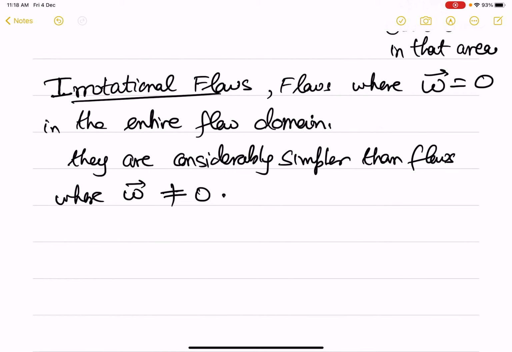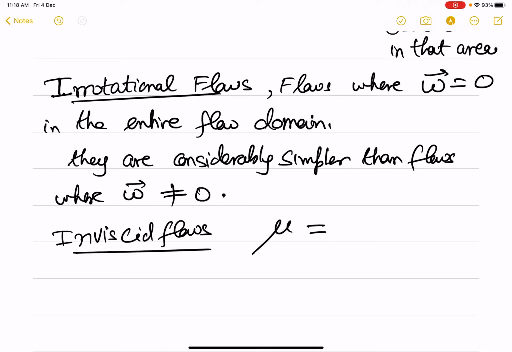As we have already seen, there is a relation between irrotational flows and inviscid flows. Inviscid flows are the ones where mu is equal to 0. If mu is equal to 0, the Navier-Stokes equations are referred to as Euler's equations.